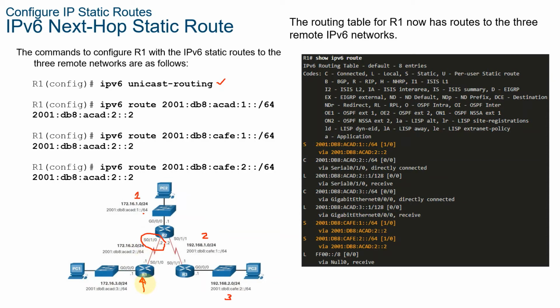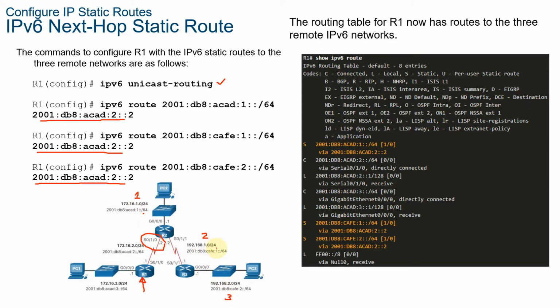Okay, so therefore, from R1 to reach 172.16.1.0/24, we need to pass through 2001:DB8:ACAD:2. Right? So this would be our exit interface. If you will observe, that is common to all the remote networks. Okay, so we need to pass through this to reach remote networks 1, 2, and 3.